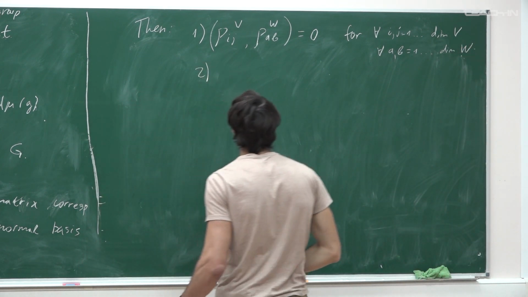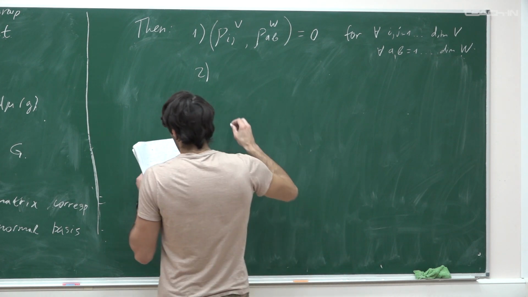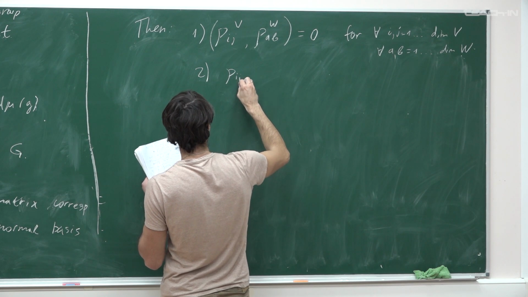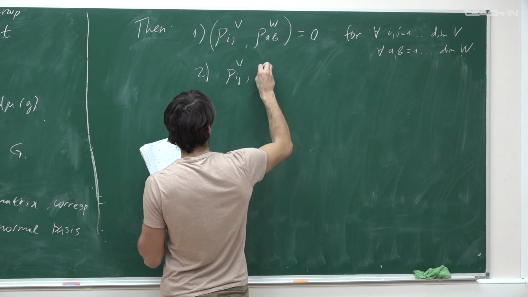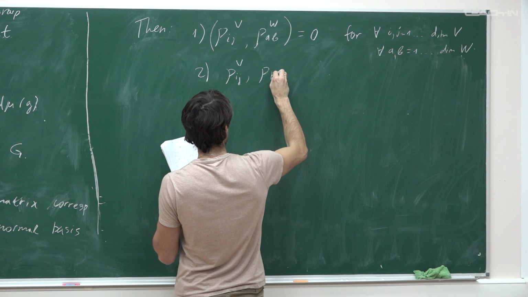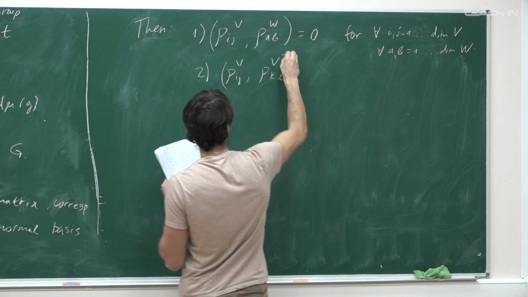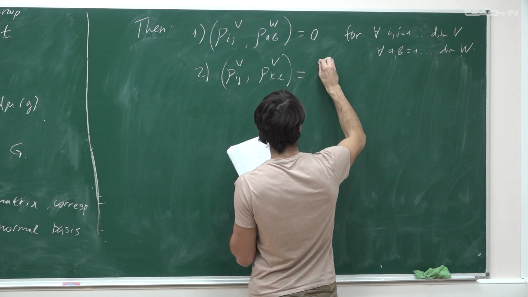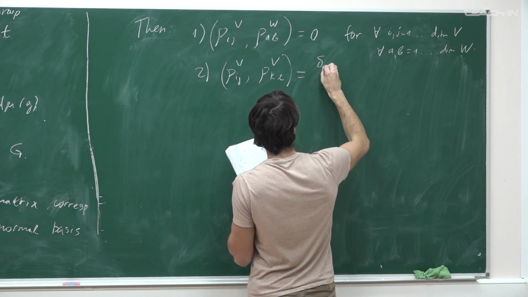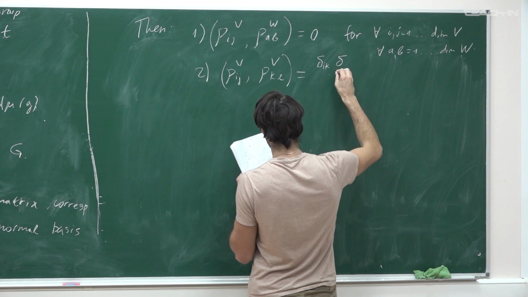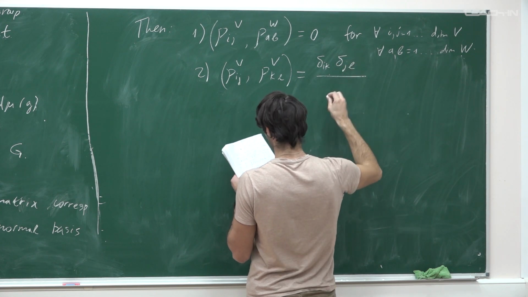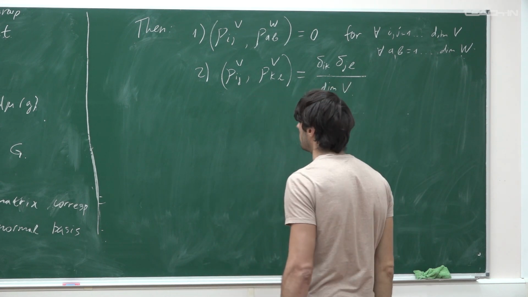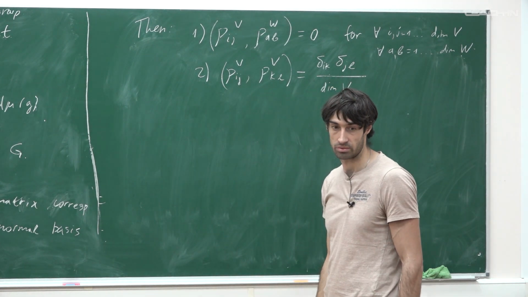And second, if I take matrix elements of the same representation, say V, then the result is the following: delta ik delta jl divided by the dimension of V. So we have some orthogonality.